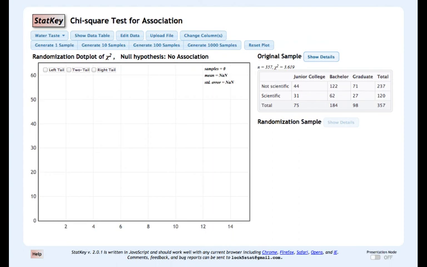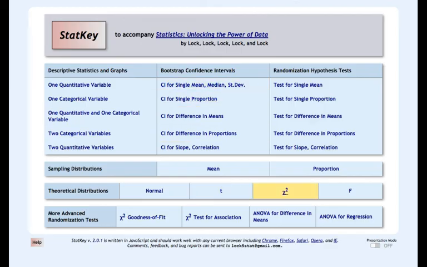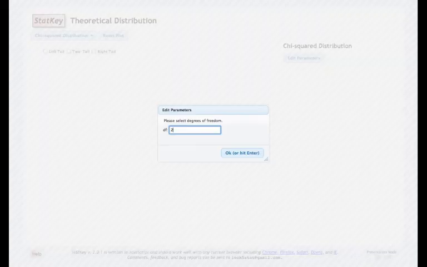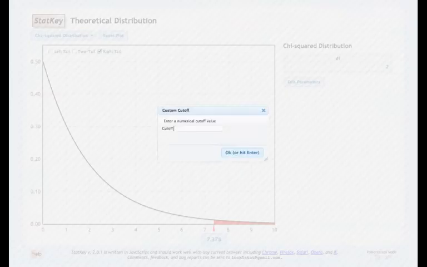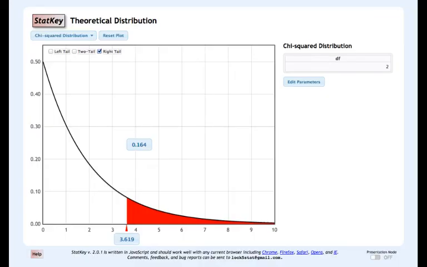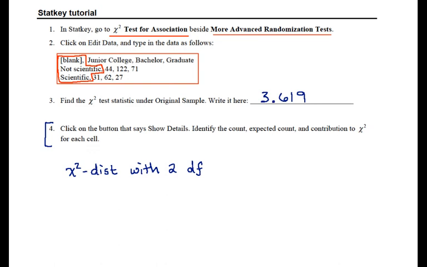Remember that to do this, we have to exit this screen and go back to StatKey, come down to Theoretical Distributions, chi-square, enter our degrees of freedom, click on right tail, then type in our 3.619, and we get a p-value of 0.164 from this slightly more accurate chi-square test statistic.